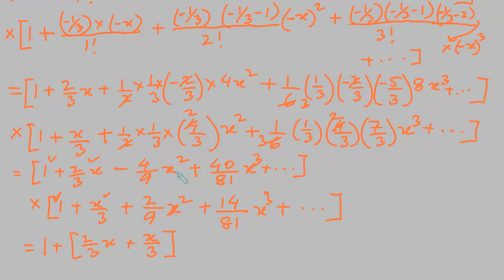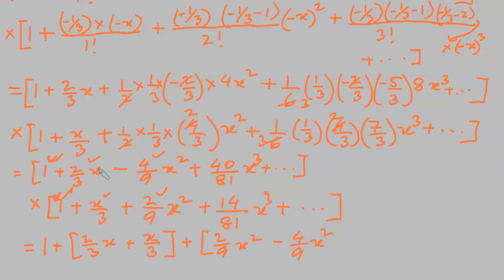Next will be x square. Power of x is 2. So how to get x square? This one multiplied with this gives us 2 over 9 x square. This one multiplied with this will be giving us minus 4 over 9 x square.